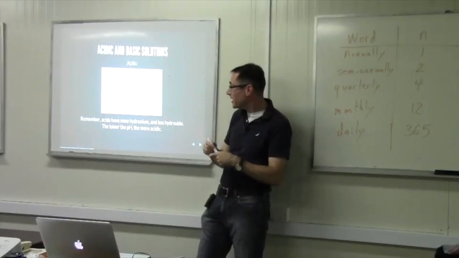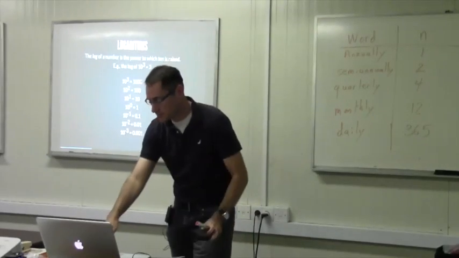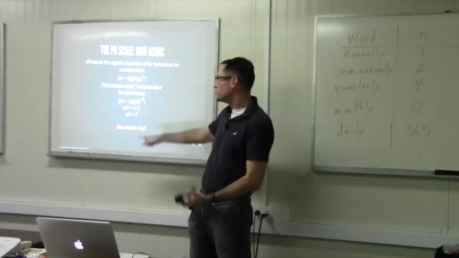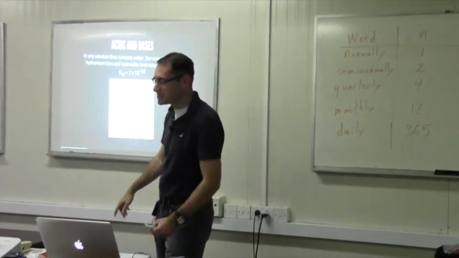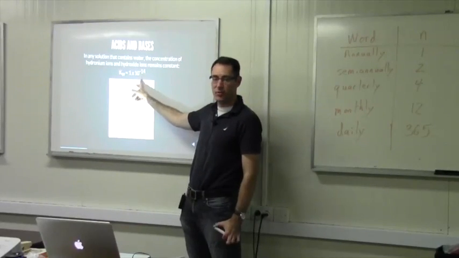The reason is, it was on the last slide, I kind of went over it two slides ago. Turns out the hydronium concentration is 10 to the negative 7th. Remember we said that the product of the hydronium and hydroxide concentrations is 10 to the negative 14th?